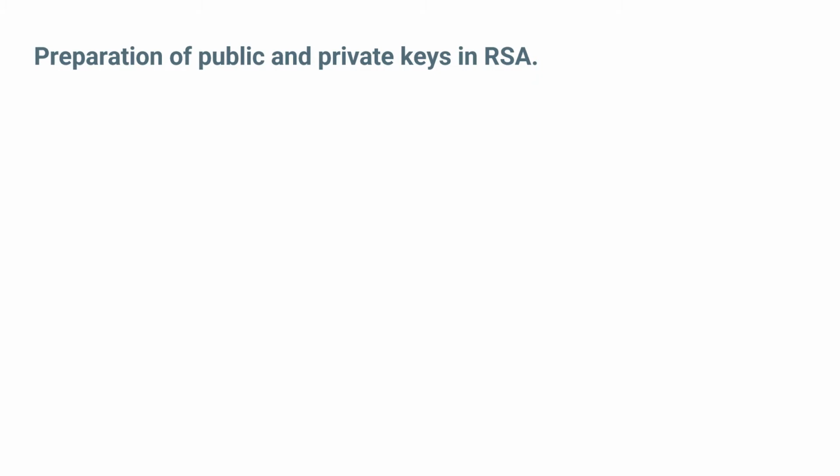So let's go over how this works. How will the public key and the private key be prepared using RSA? First of all, Bob. Remember, Bob is the receiver. He's going to be receiving the message, and he's going to be broadcasting the public key.